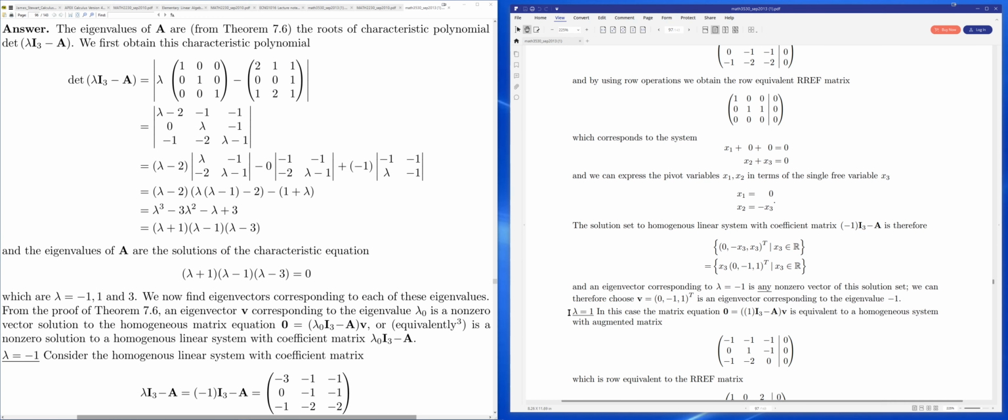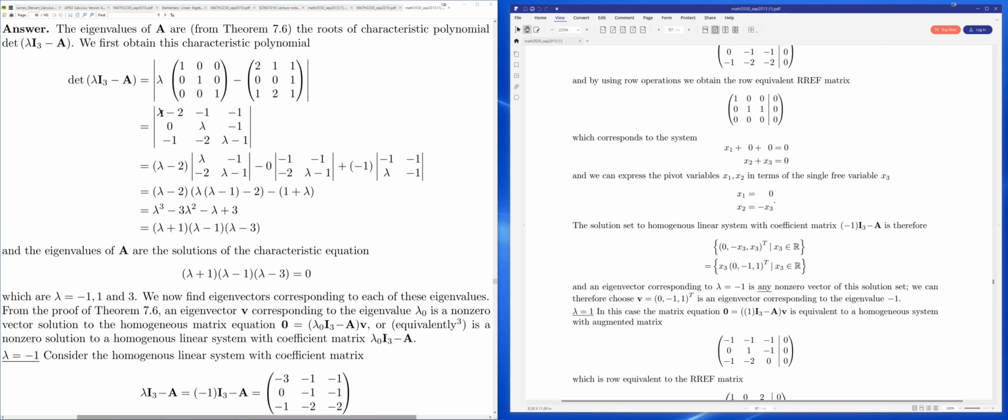Similarly, to get an eigenvector corresponding to lambda equal to 1 now, you consider the matrix 1 times I3 minus A. So this is your lambda I3 minus A inside over here, and you put in 1 now. As I said before, it's really the diagonal entries here that are going to change if you change the lambda.